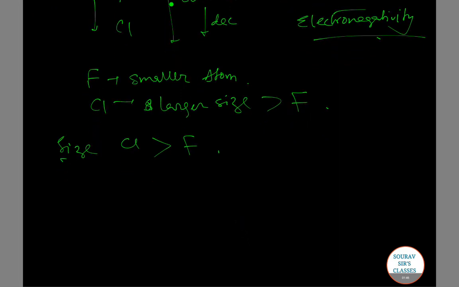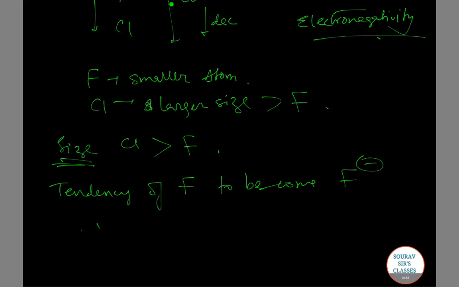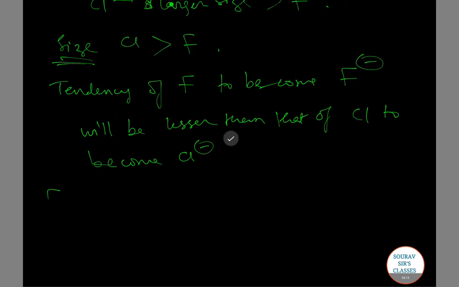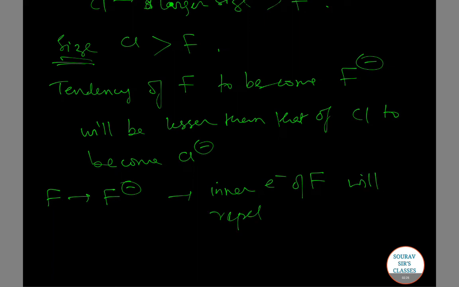But since the size is smaller, the tendency of fluorine to become F minus will be lesser than that of chlorine to become Cl minus, because when F becomes F minus, the inner electrons of fluorine will repel the newly acquired electron.